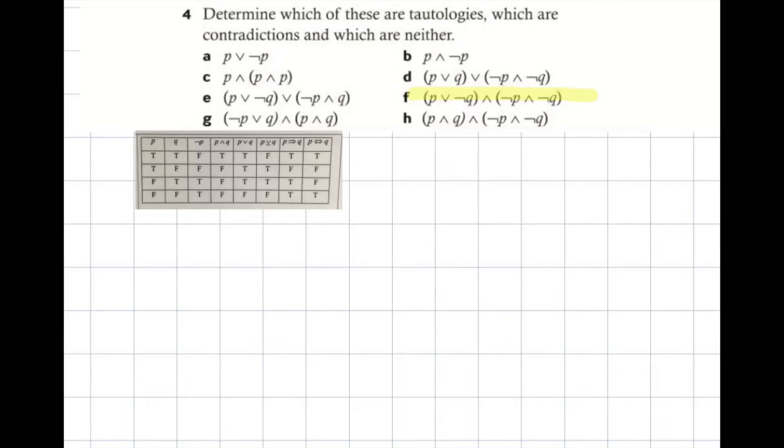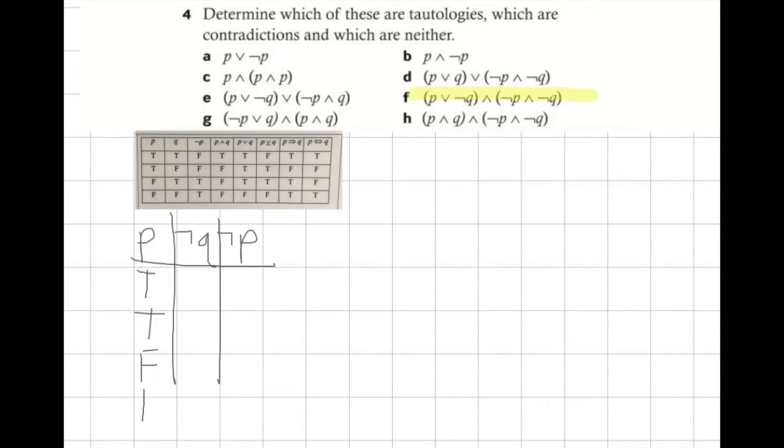Okay, next we're going to do problem F. So we've got a few arguments here. P, not Q, and not P. Those are the ones that we need. So we can start off with P, true, true, false, false.